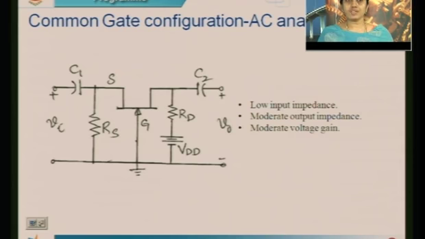Now, let us perform the AC analysis of this topology. To perform AC analysis, first we need to obtain the AC equivalent circuit. The AC equivalent circuit can be obtained by shorting C1 and C2 and reducing VDD to 0. Now, the resultant circuit will look like this.